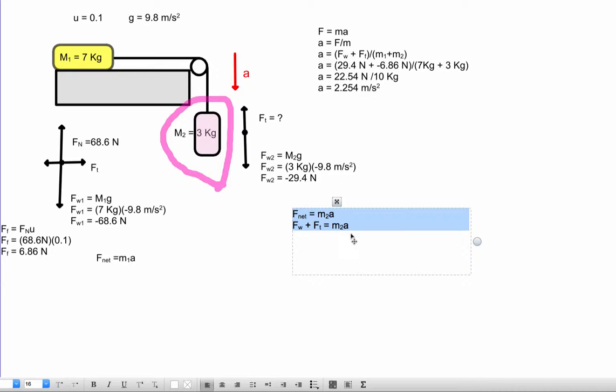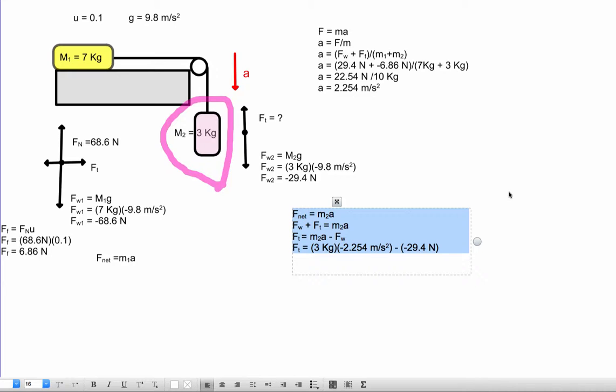Now we need to solve for tension. The tension is equal to the second mass times the acceleration that second mass is experiencing, the 2.254, minus the weight. Now we're ready to substitute in the values. The force of tension then is equal to 3 kilograms times negative 2.254, because it is accelerating downward, minus Fw.